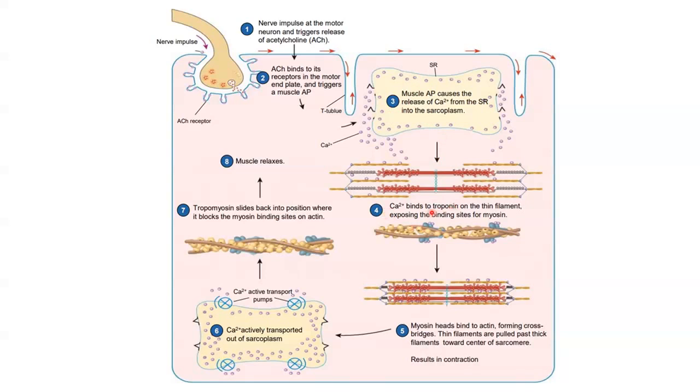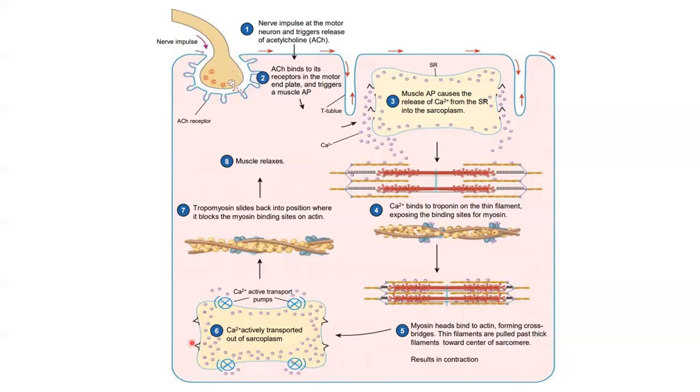Calcium can then bind to troponin. Troponin moves the tropomyosin out of the way. So now our actin and our myosin can bind. Our myosin will pull the actin towards the centre of the sarcomere, so shortening the muscle or allowing muscle contraction to occur.